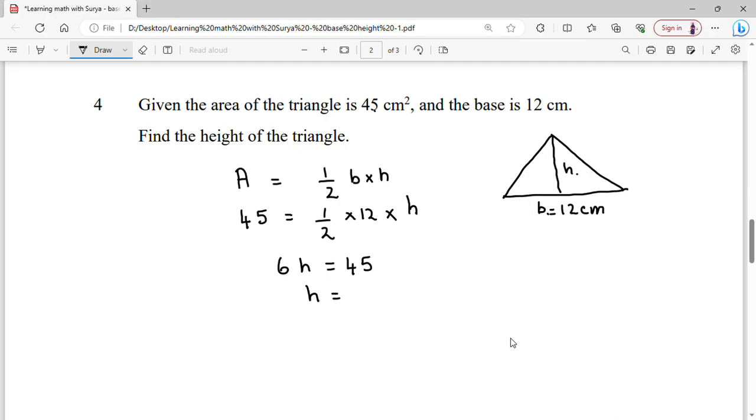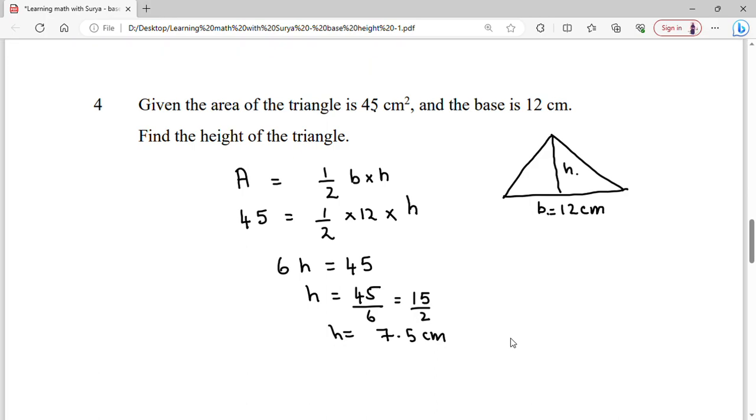H is equal to 45 by 6, which, if I reduce it to the lowest form, becomes 15 by 2, or it is 7.5 cm. So this is an indirect question where you're not asked the area directly, but the area is given and you need to find the height. Alright, so this is another type of question.